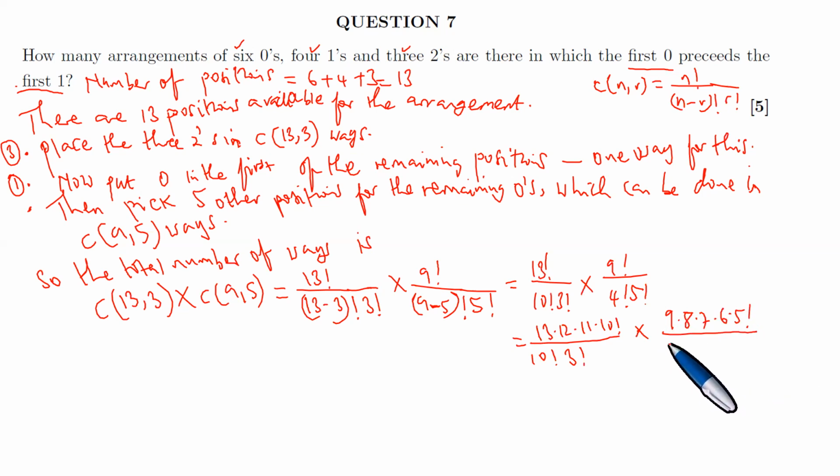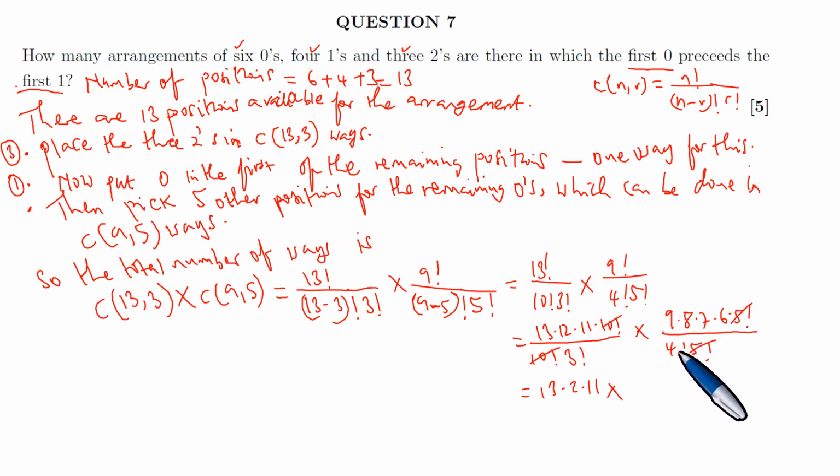And then you have 4 factorial, 5 factorial, so you cancel these here. The 3 factorial is 6, so 6 times 6 divides the 12, giving us 11. Okay, 5 factorial cancels out.